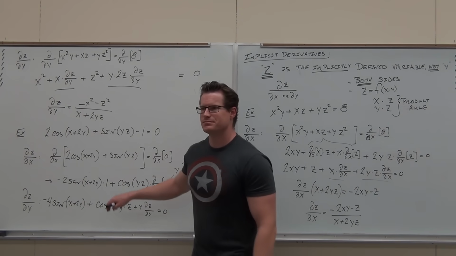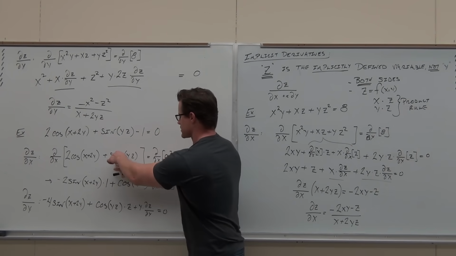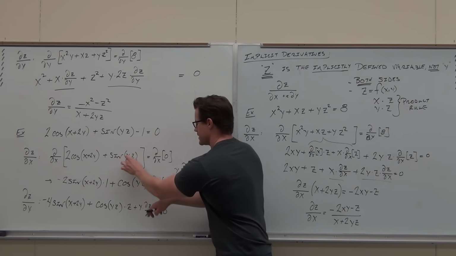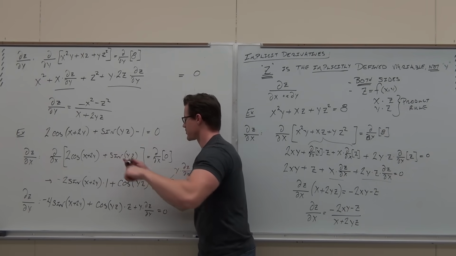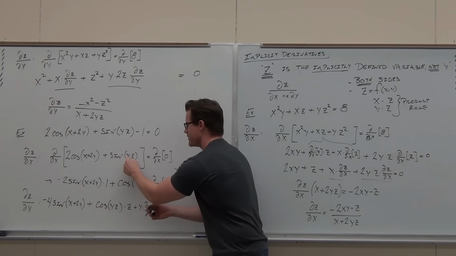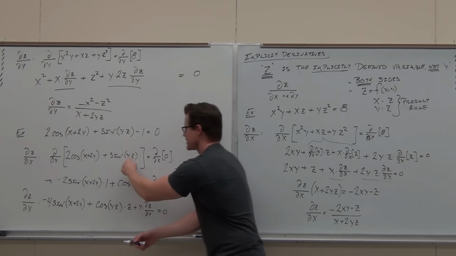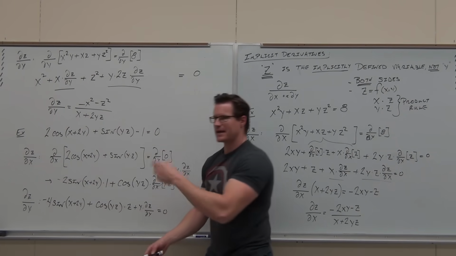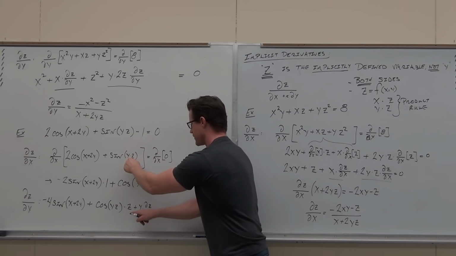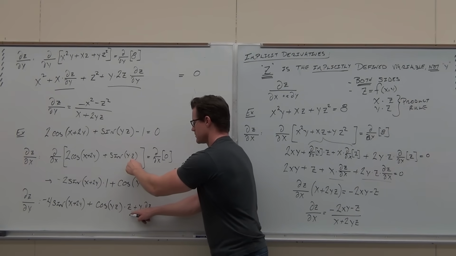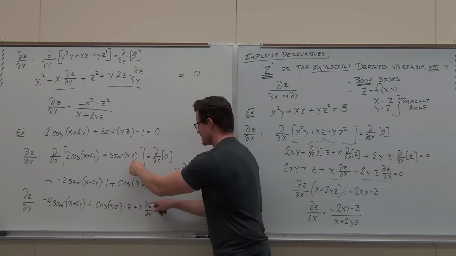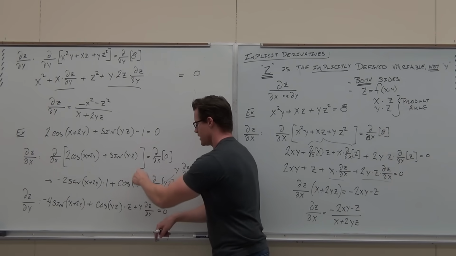Did you catch it? Derivative is cosine, keep it the same. Derivative inside is, oh my gosh, that's a product where it has my variable times something that's got my variable in it. That's a product rule. Derivative of the first, that's just z, plus the first times derivative of the second, that's dz dy.